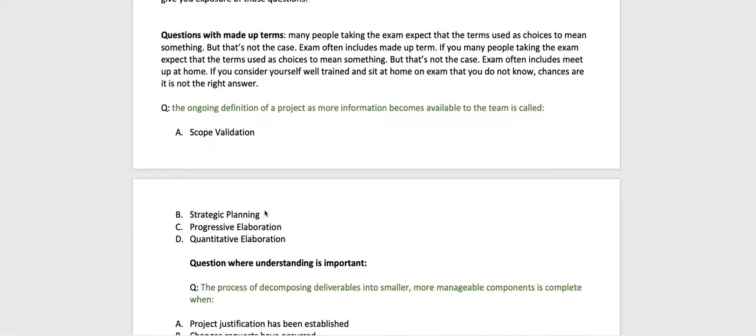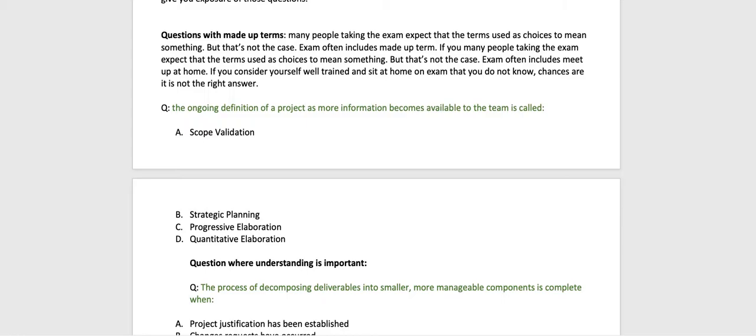The ongoing definition of a project as more information becomes available to the team is called what? Scope validation, strategic planning, progressive elaboration, quantitative elaboration. Well, just try to think about what it is trying to say.